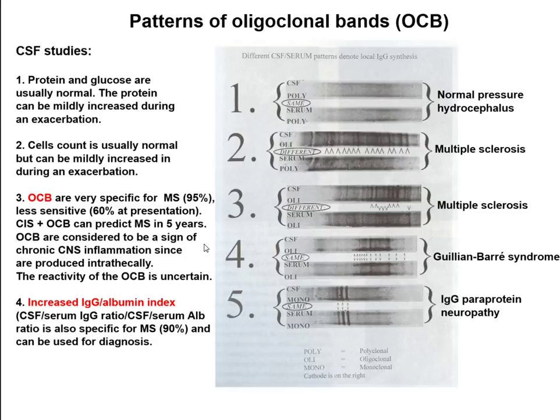It is not common at this point to perform a spinal tap on all patients who present with multiple sclerosis, unless there is a contraindication for MRI imaging. However, it is important to understand the role of the spinal tap, the presence of oligoclonal bands, and an increased IgG index in patients who have multiple sclerosis compared to other diseases.